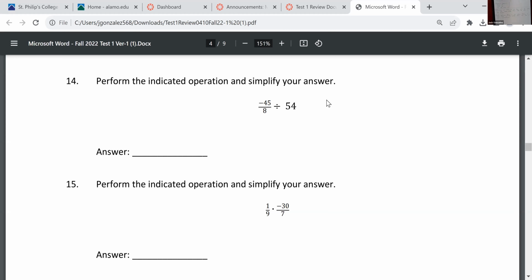All right, 14. There's a few ways to do this.